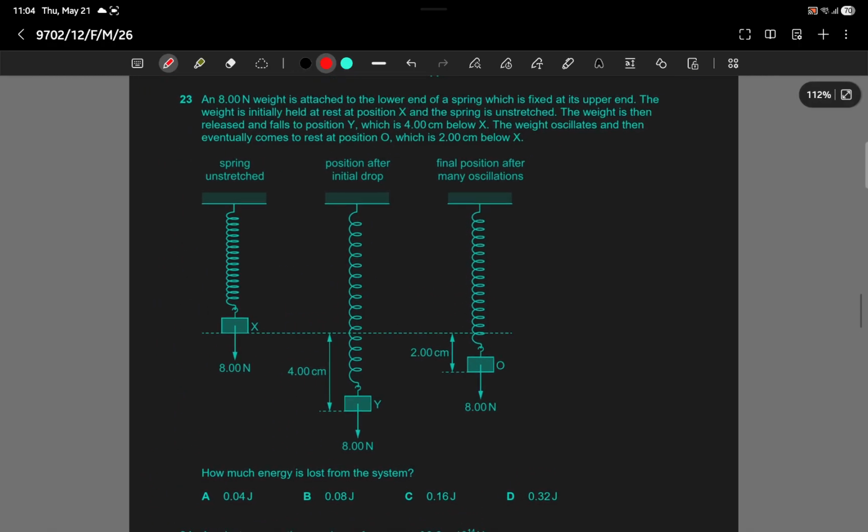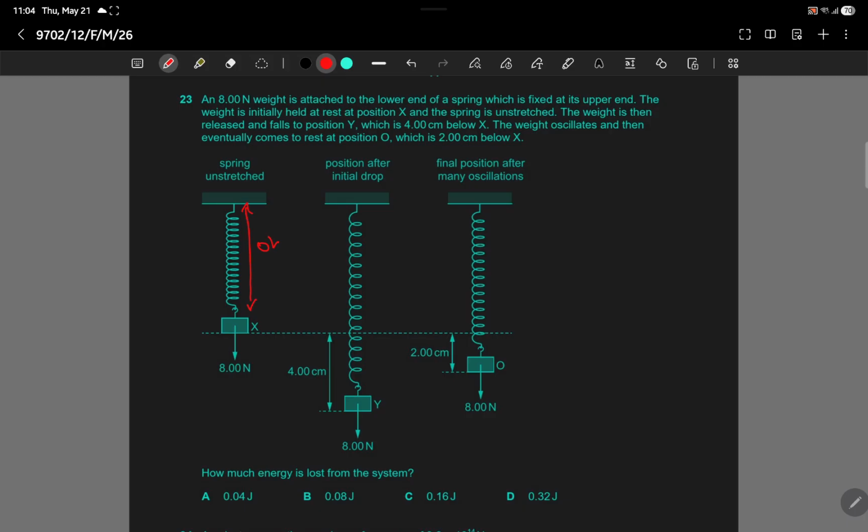An 8 newton weight is attached to the lower end of a spring, which is fixed at its upper end. The weight is initially held at rest at position X, and the spring is unstretched. So this is the original length of the spring.